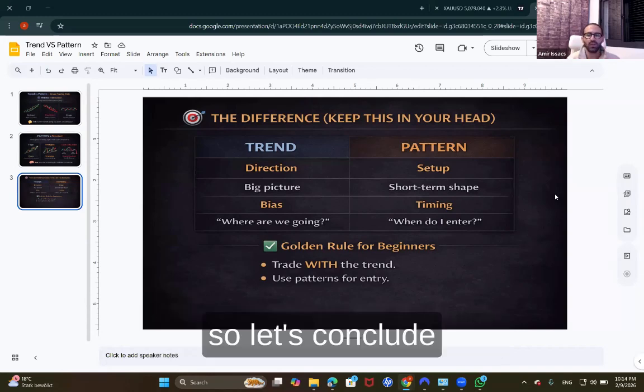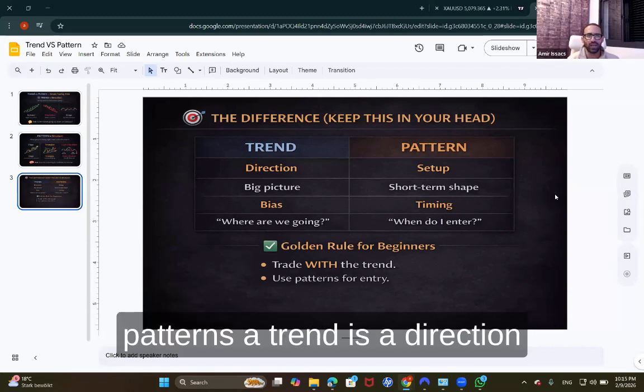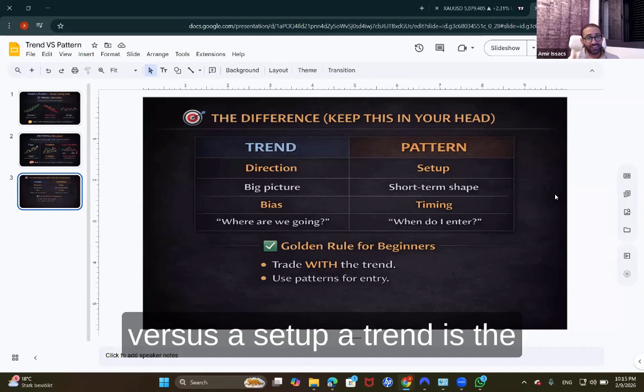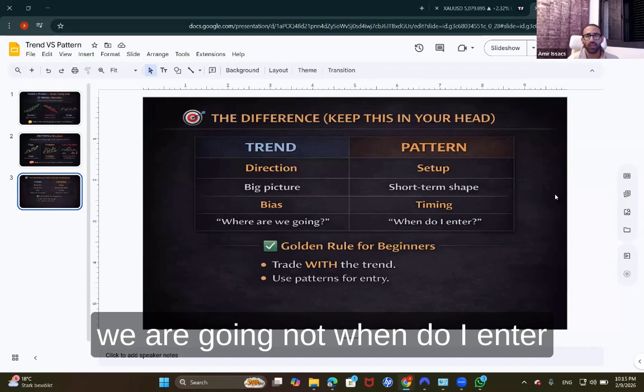So let's conclude this tutorial. When we're looking at trends and patterns, a trend is a direction versus a setup. A trend is the bigger picture versus the short-term shape. And the trend is where we are going, not when do I enter.